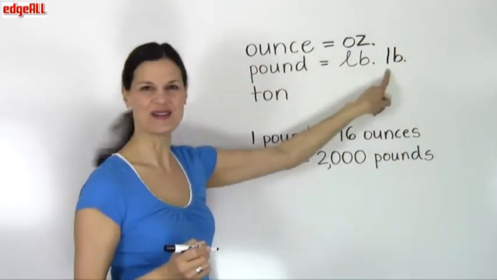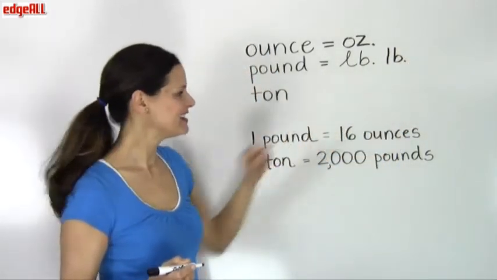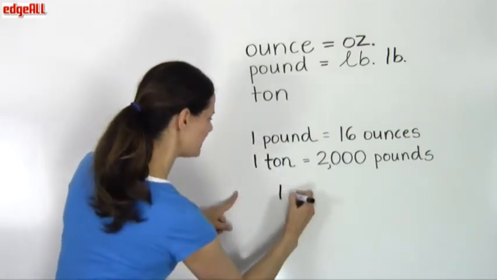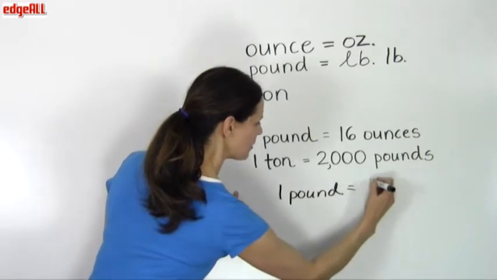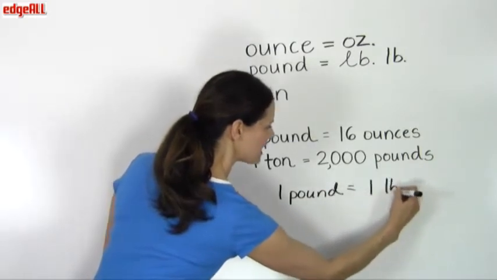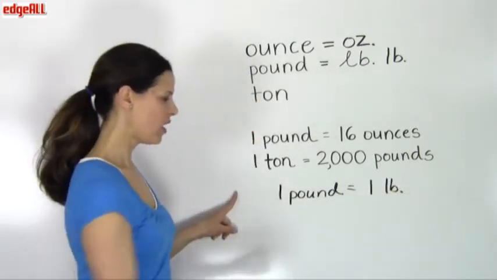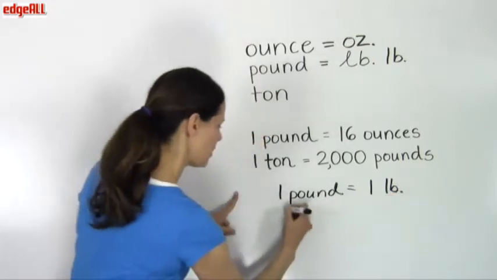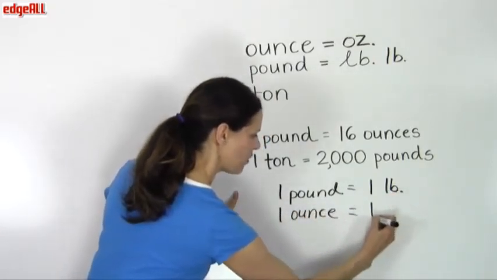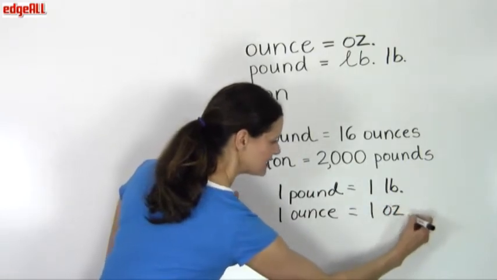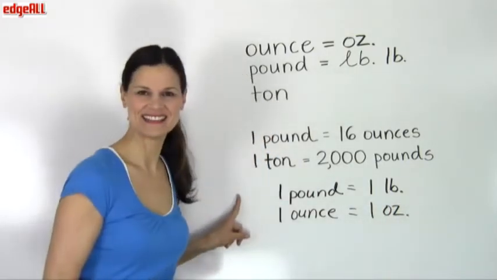That's an L though, not a 1. So you can write 1 pound as 1 LB, period. Or you can write 1 ounce as 1 OZ, period.